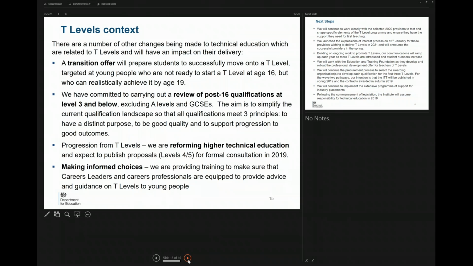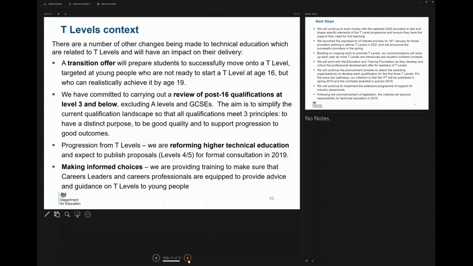As well as the introduction of T-levels, there are a number of other critical programmes which are underway and which we are particularly closely linked into. One of the things I would flag is the work we're doing to develop a transition offer for young people who aren't yet ready to start a T-level at 16, but might be, with another year or so of support and some extra maths and English, in a position to start that and realistically achieve it by age 19.